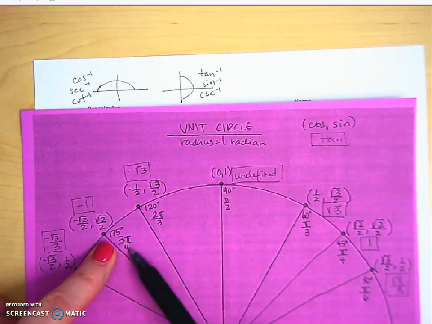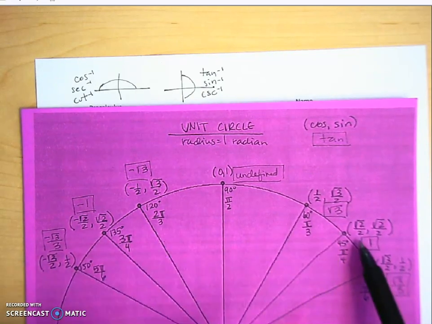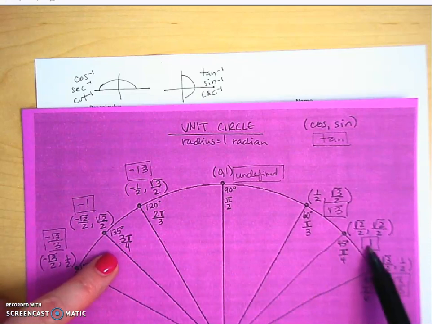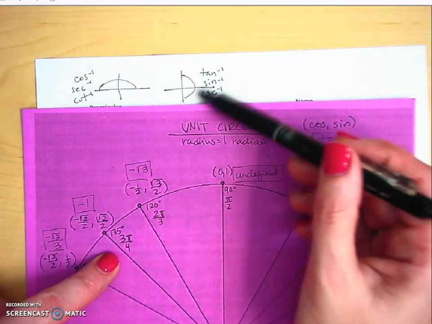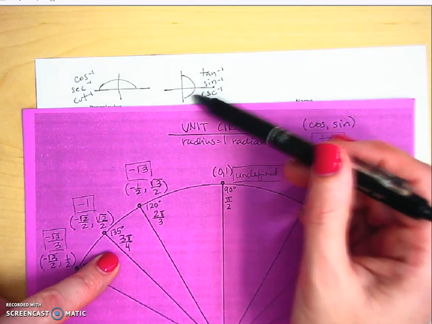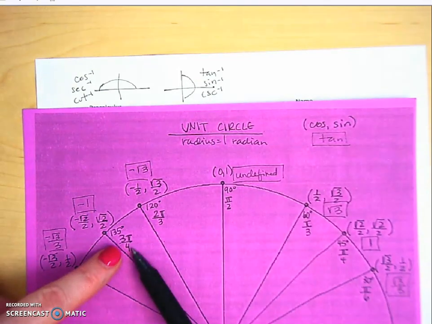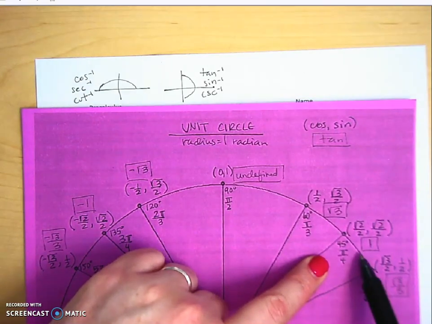Here at 3 pi over 4 and then here at pi over 4. So the question is, which or both do I need? And you answer that by looking at the domain restrictions for inverse sine. So I have this little graph here. Inverse sine values are in quadrants 1 or 4, so that excludes this value and means this one is our only answer, pi over 4.